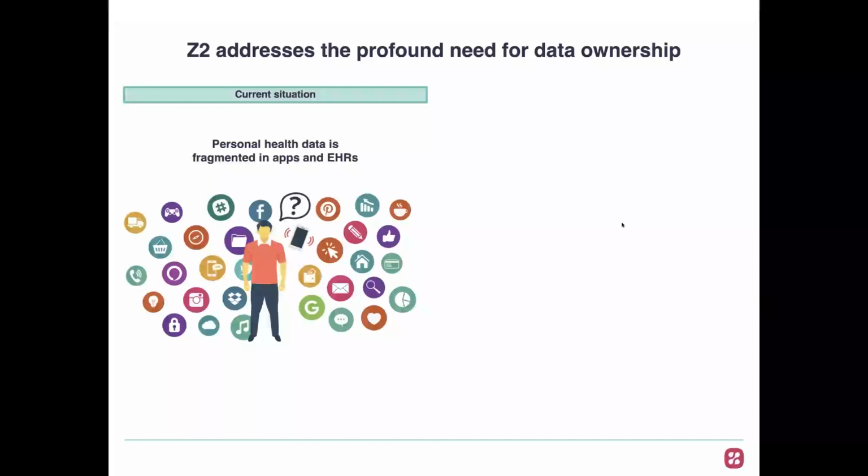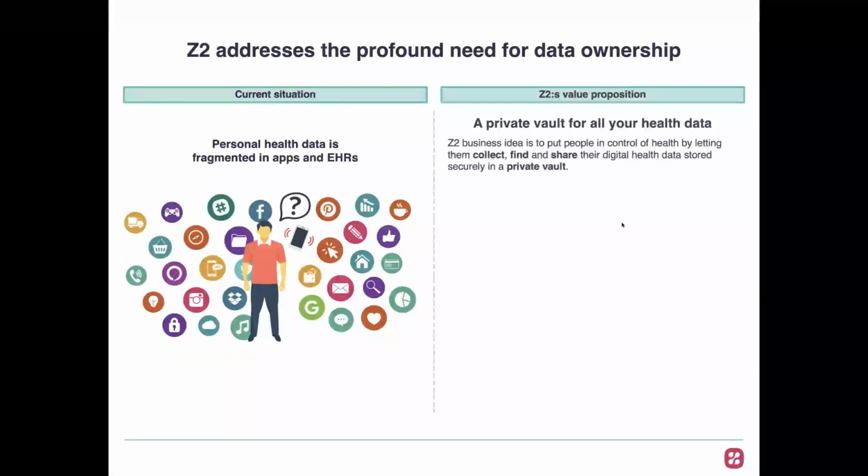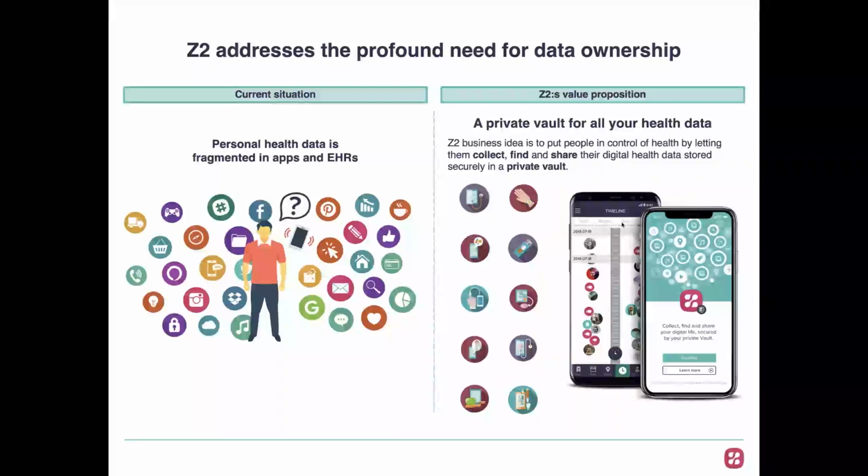The current situation, where health data is fragmented in apps and electronic health records, is substituted with a private vault for your health data, where it is gathered, structured, and encrypted, very safe on the data atom level, similar to the ICANN principle of cascading keychain clusters.